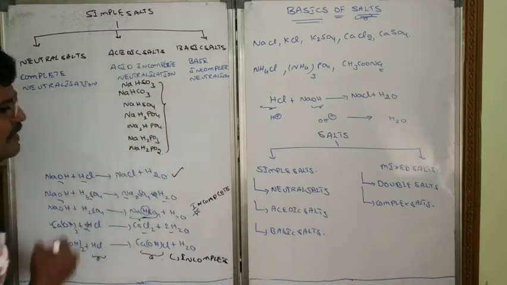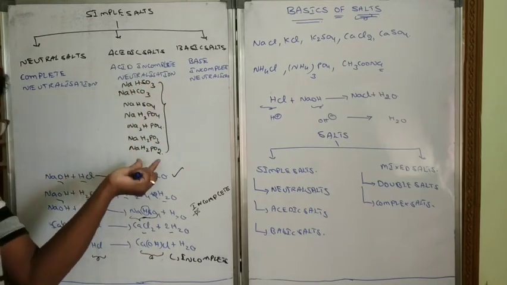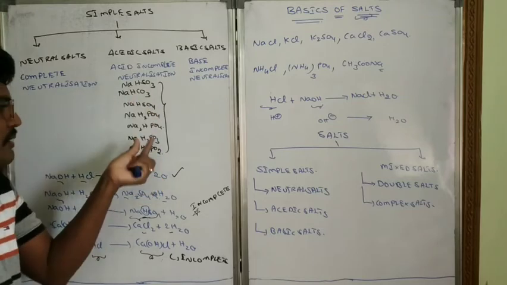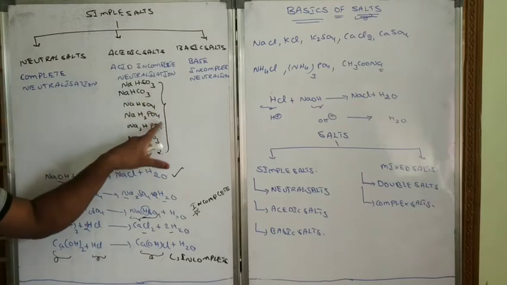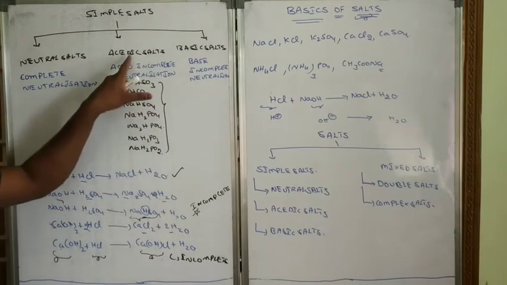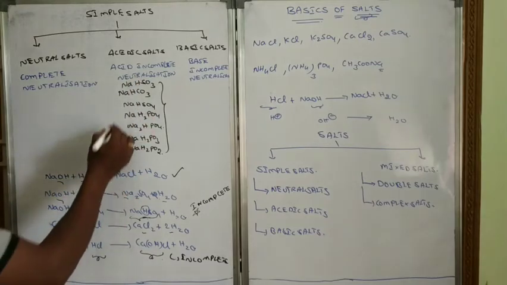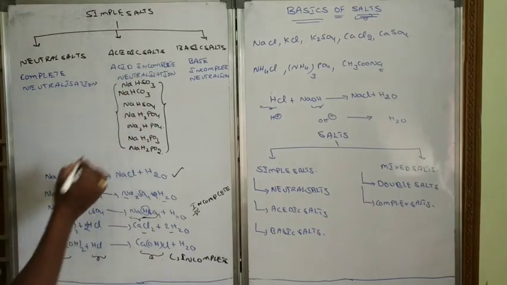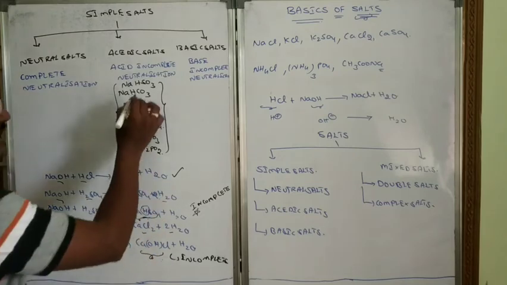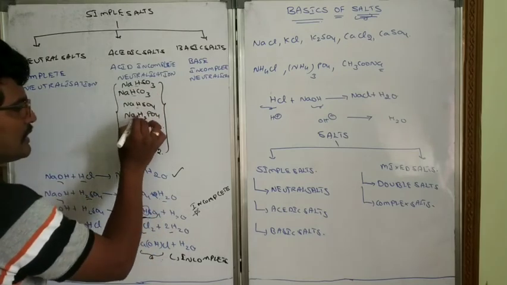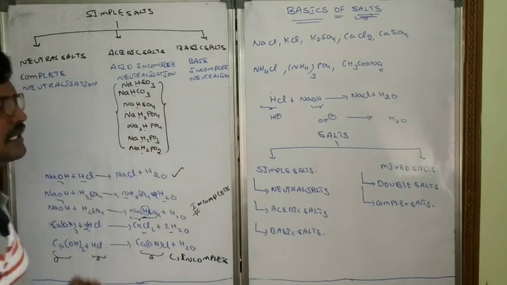Like this, whenever you take a polybasic acid, I told you already what the polybasic acids are. Whenever these polybasic acids are undergoing partial neutralization, you will get these acidic salts. They are called acidic salts because they can donate protons, though they are salts.